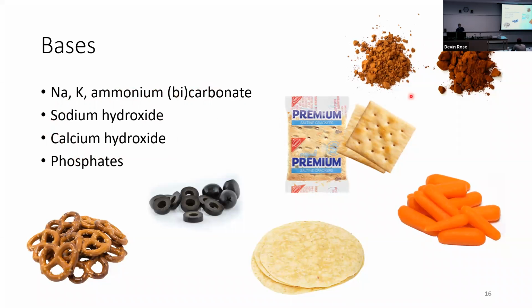So here's some examples. Up here, this is cocoa powder. So you've probably heard of Dutch processed cocoa powder. So Dutch processed cocoa powder is treated with alkali for lots of reasons. During fermentation of cocoa beans, the pH drops.